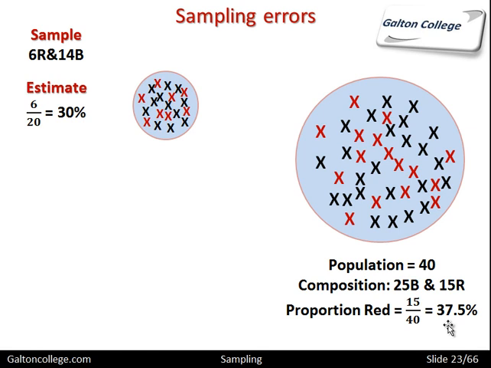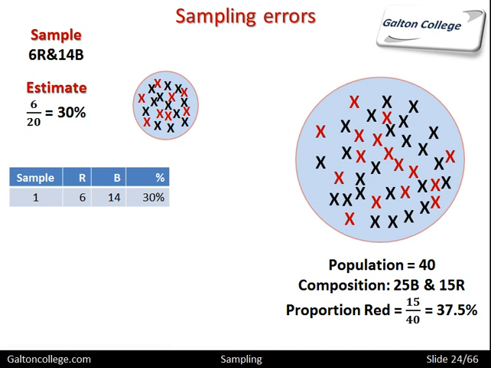We know it's 37.5. We've calculated it to be 30. So that's our estimate. You can see it's wrong, but it's not too far wrong, and it's getting there perhaps. Let's put it into a table and look at it. So here we have sample 1, 6 and 14, and it's 30.